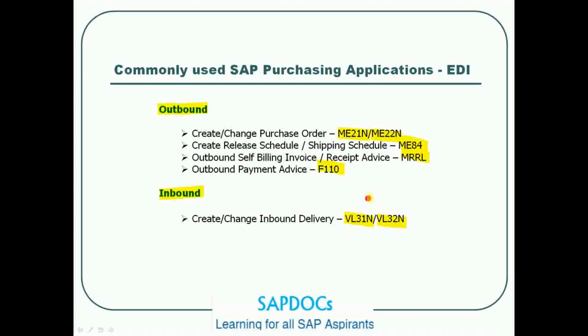The reason that I'm pointing out these transactions is because the more you get familiar with the SAP application transactions, the more expertise you're going to have on EDI. Because without the application transactions, EDI does not make much sense.